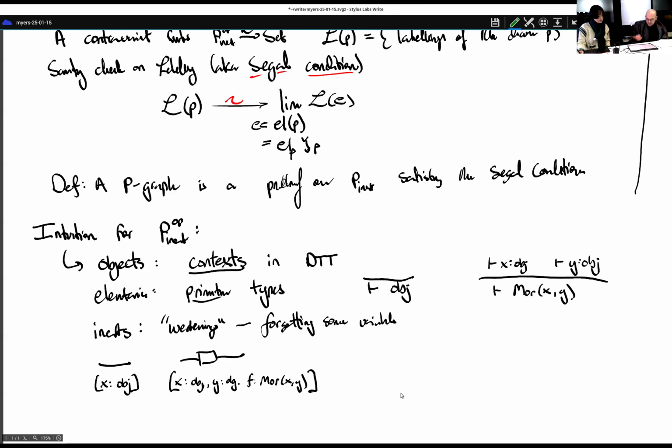And then you note that there are two maps, and now it's evident that they should go the other way. Again, this is intuition for the opposite category, so we're intending them to go the opposite way. These two maps are going to be the projections. As a map of contexts, it's going to be a substitution, so we write out the codomain in terms of the domain.